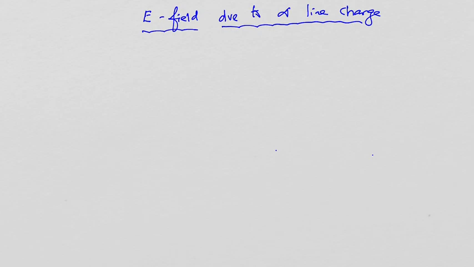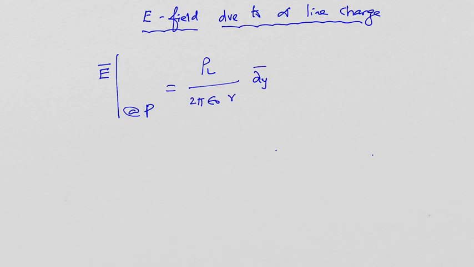Before we step up further, you know very clearly that the electric field intensity of a straight line conductor at the point P having infinite length, oriented along Z axis, is specified by rho L divided by 2 pi epsilon naught AY. Of course, the unit is volt per meter.